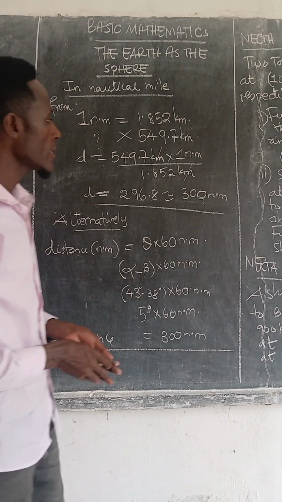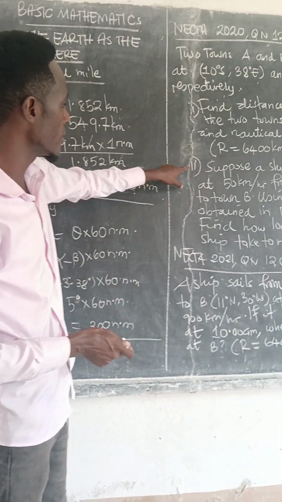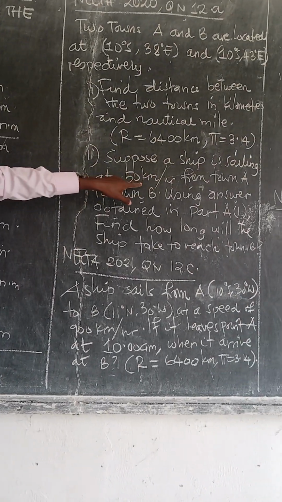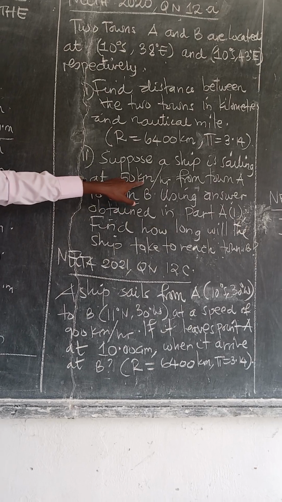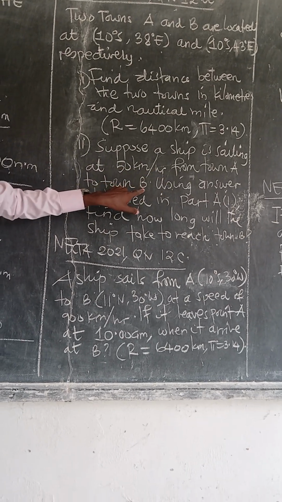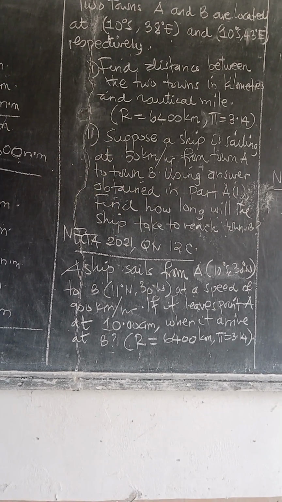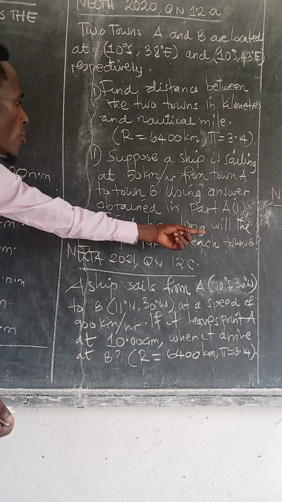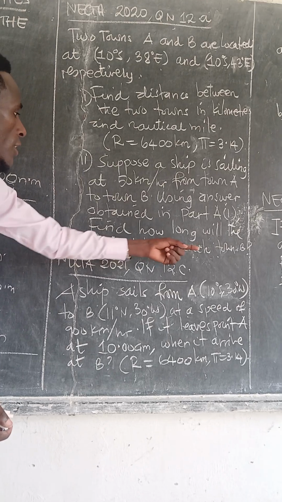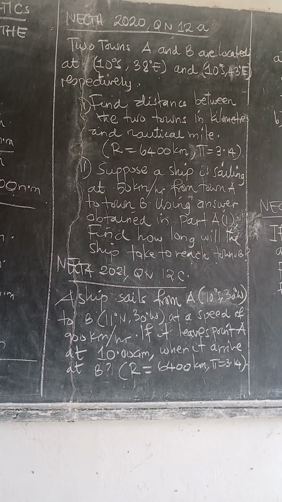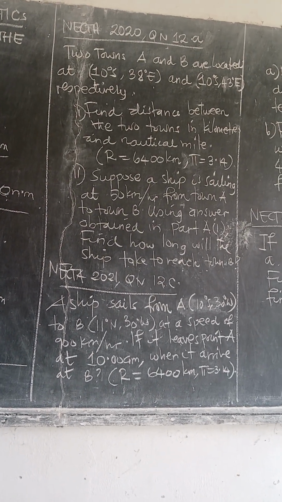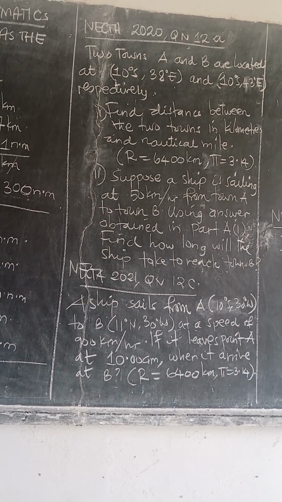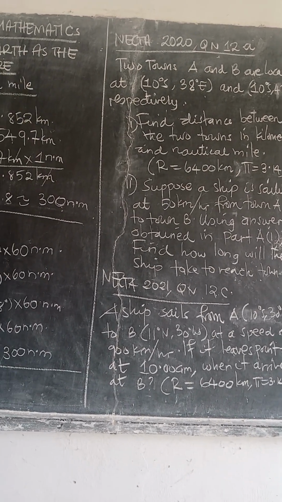But now let us shift to the second one, Roman 2. Suppose a ship is sailing at 50 kilometers per hour from town A to B. Using the answer obtained here in A, find how long it will take the ship to reach point B. So when you look at this question, it is very simple.